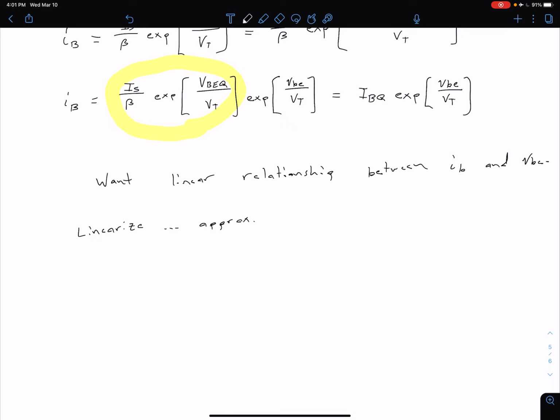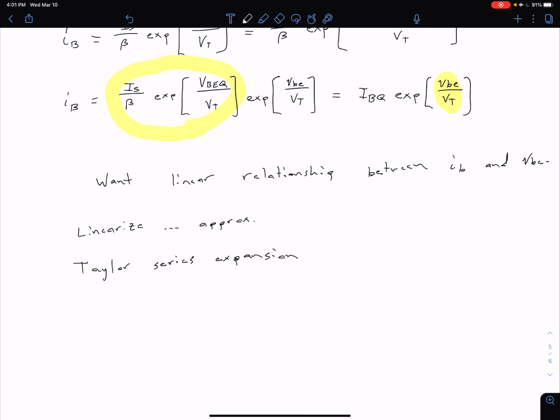The way we're going to linearize this is by using a Taylor series. Using a Taylor series expansion, we have to have one key thing be true. The argument of our exponential here has to be really small, and if it's really small, we can neglect the higher order terms in our Taylor series expansion.